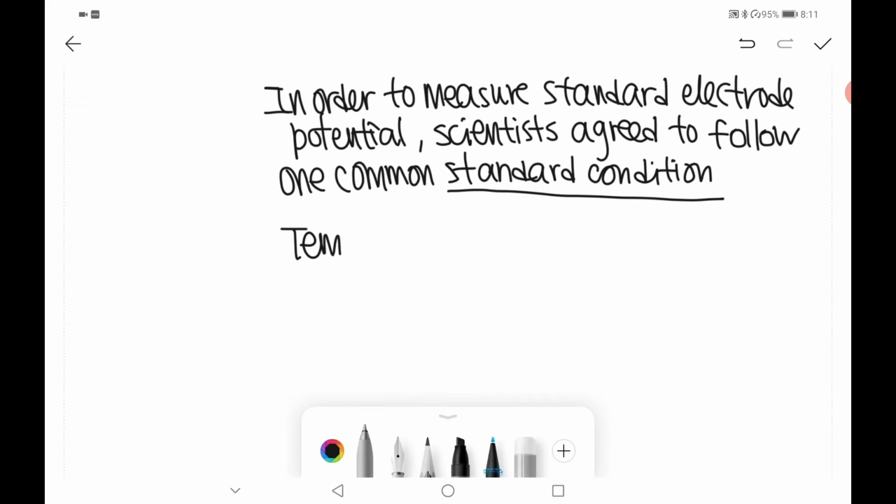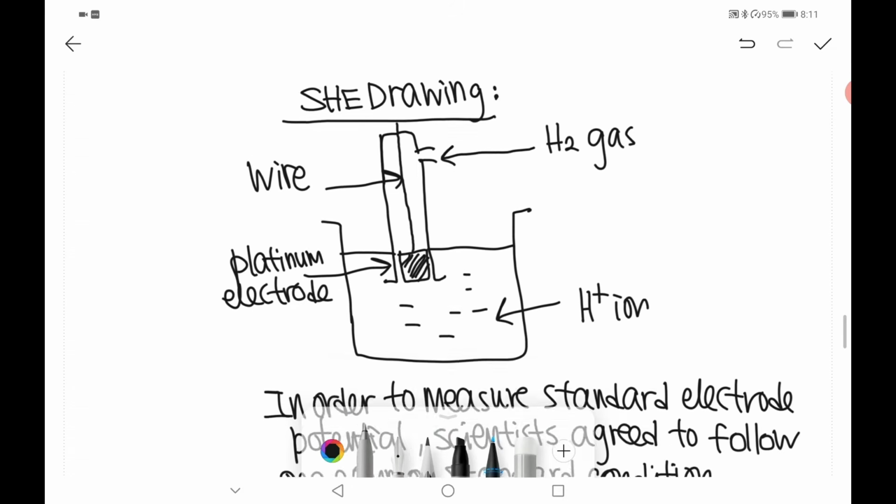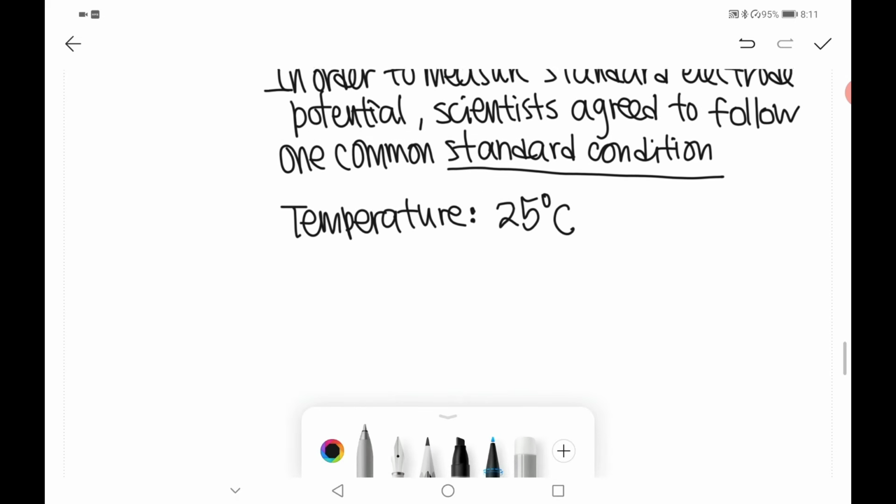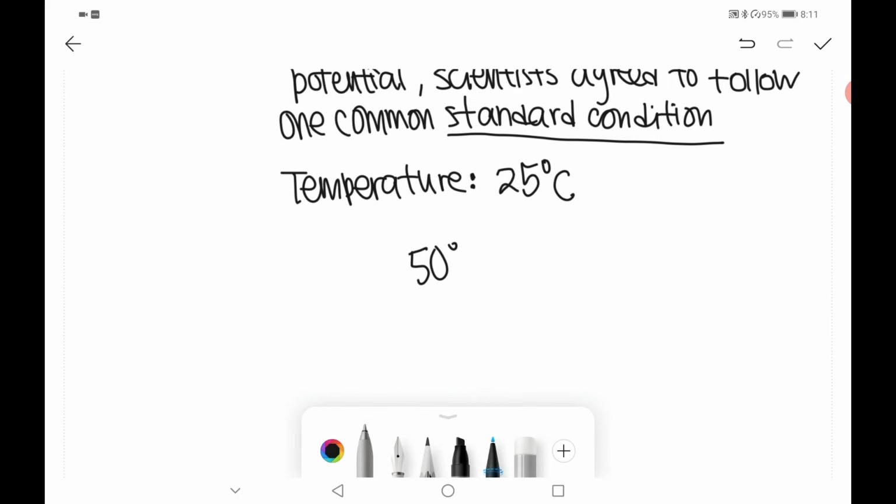First, the temperature. In order to measure the standard electrode potential, the temperature must be 25 degrees Celsius. If you do the experiment at 50 degrees Celsius, that is not a standard condition. If you do it at 74 degrees Celsius, that is not a standard condition.